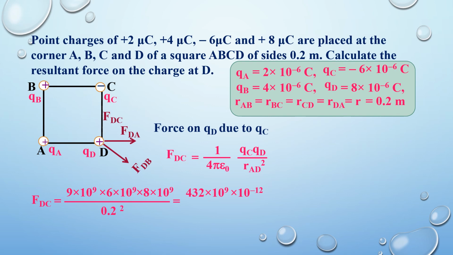In the previous section where you had 10^9 and 10^9, it has been changed to 10^-12, divided by 0.04. So you should get FDC equal to 10,800 × 10^-3. On simplifying, you get an answer of 10.8 Newton.